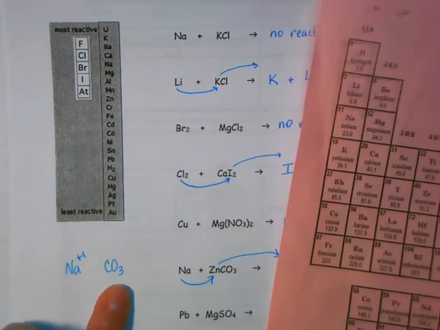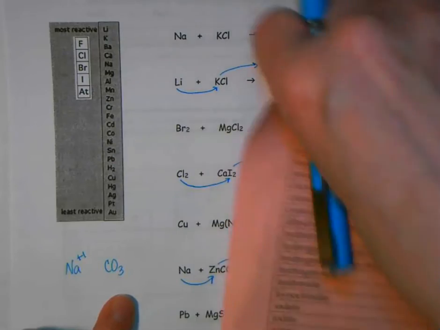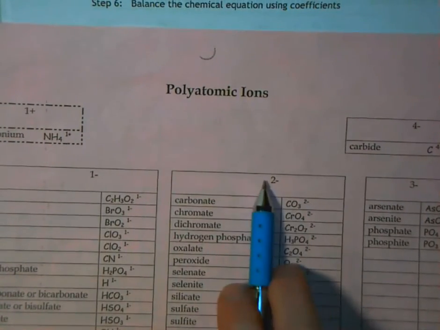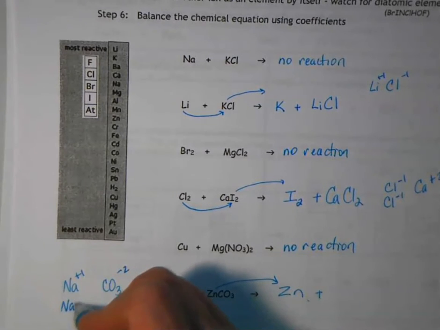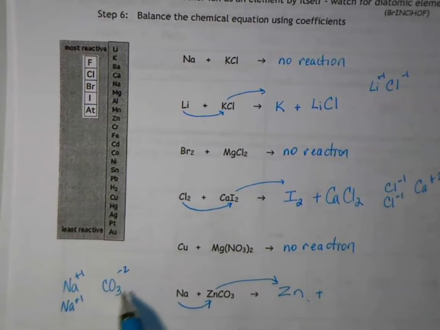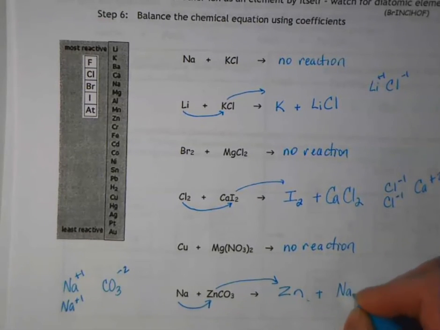And carbonate, which is a polyatomic ion, has a charge of -2. That means we're going to need 2 sodiums to balance out the charge of the carbonate. So we'll have Na2CO3, 2 sodiums connected to a carbonate.